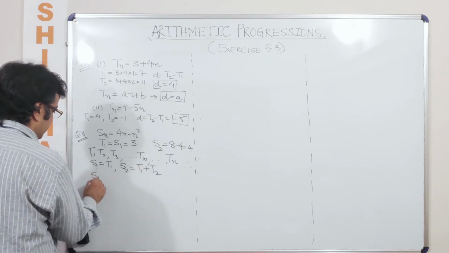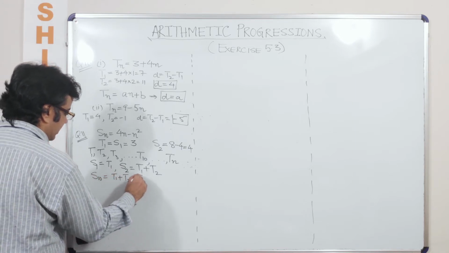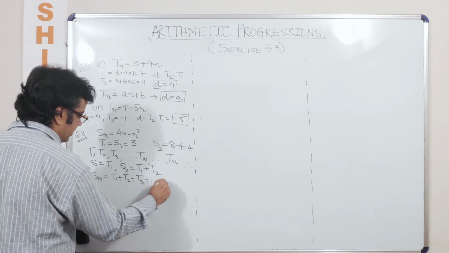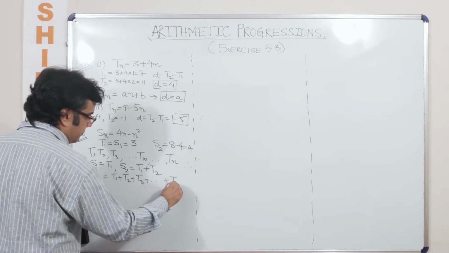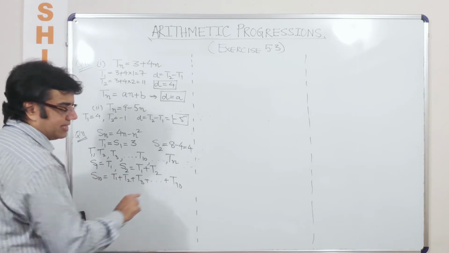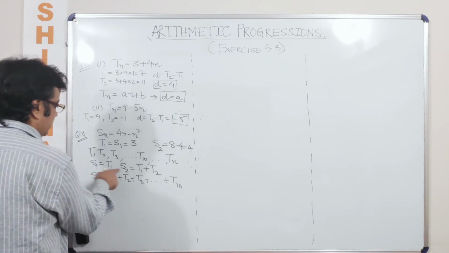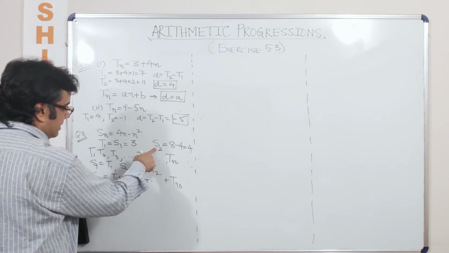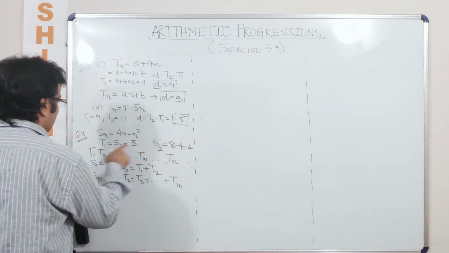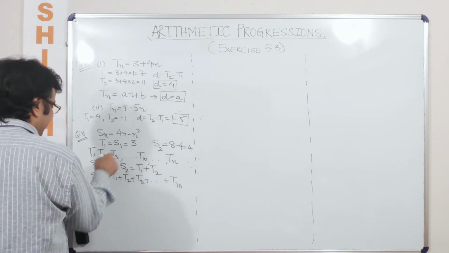Sum for first 10 terms will be just like saying T1 plus T2 plus T3 and this ends on the 10th term. Similarly, the sum for first n terms will be nothing but T1 plus T2 plus T3 and this ends on Tn. Using the same logic here now, and once we know the formulas and we know that the sum for first two terms is 4 and the first term here was how much? The first term here was 3.